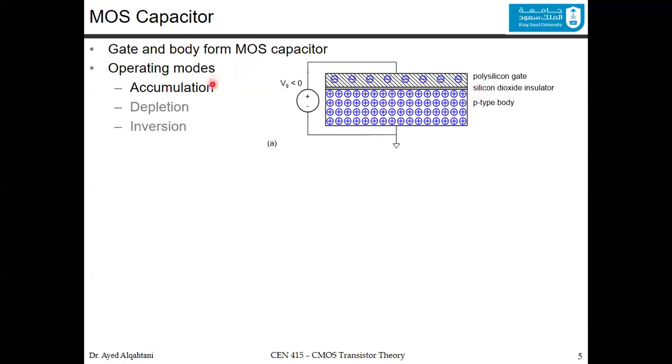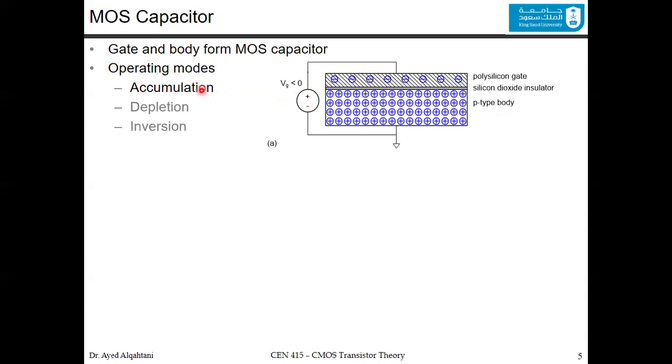Now in the accumulation operation mode, what happens is the voltage at the gate is 0 or less than 0. In that case, you will have negative charges in the polysilicon gate, and in the body, since it is P-type, you have more holes than electrons, indicated by these plus signs.